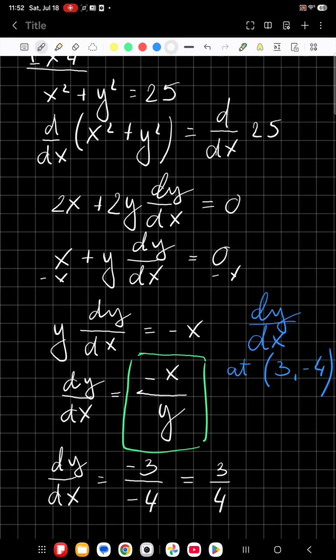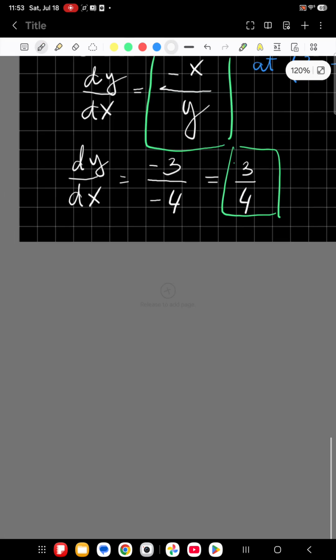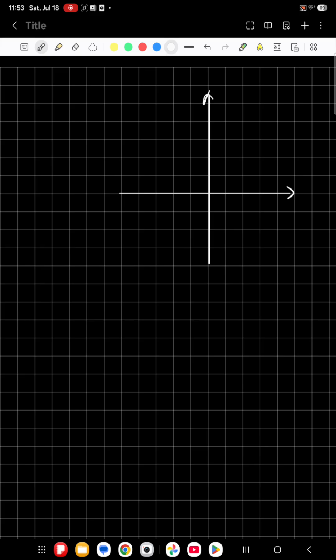And let's draw that circle, and let's put that point on the graph and see how it looks. So we have a circle with the radius of 5. Let's say this is 5, negative 5, and here's the circle.